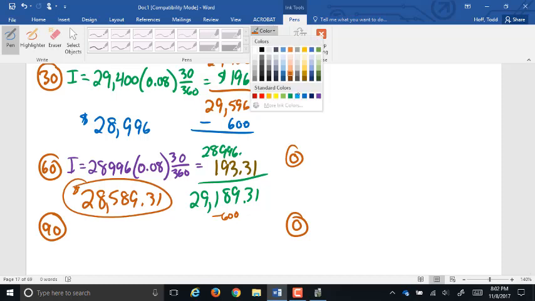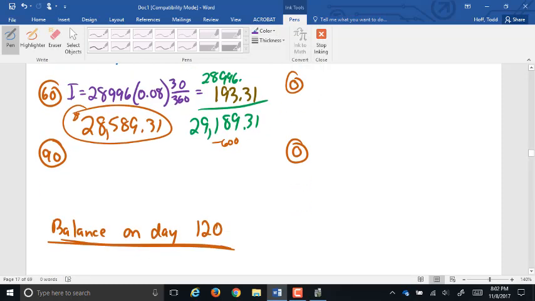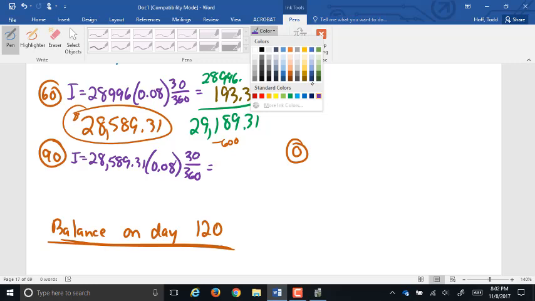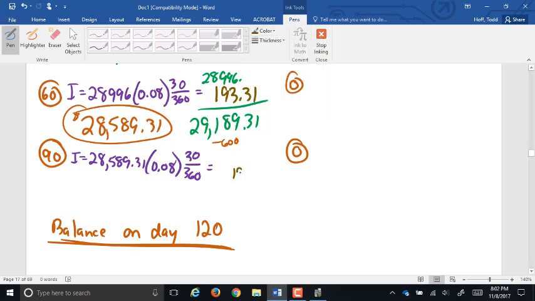That's where we're going to start day 90. Interest on 28,589.31 at 0.08, 30 over 360, gives us interest of how much? 190.60.